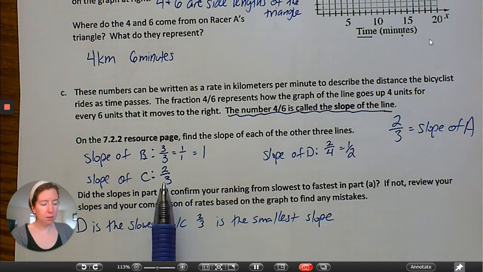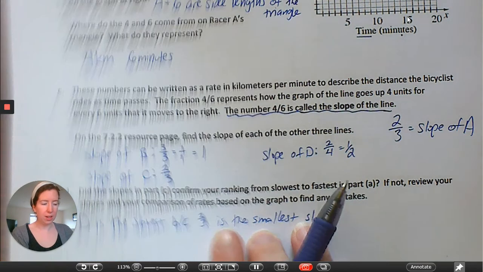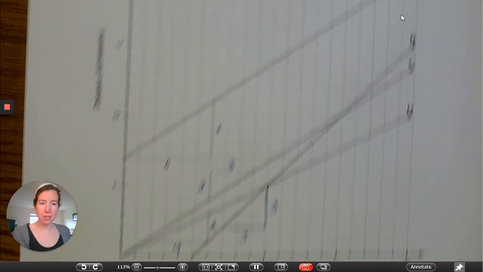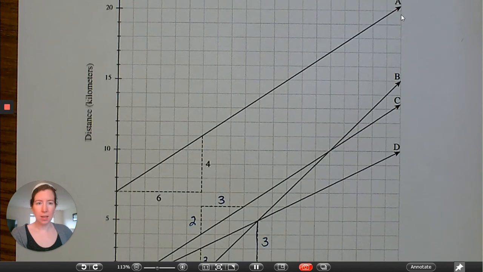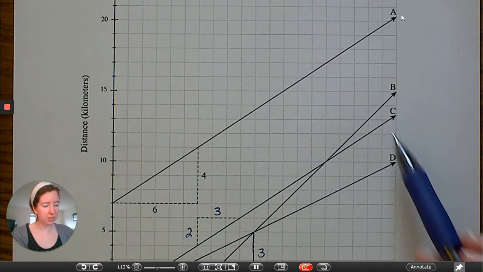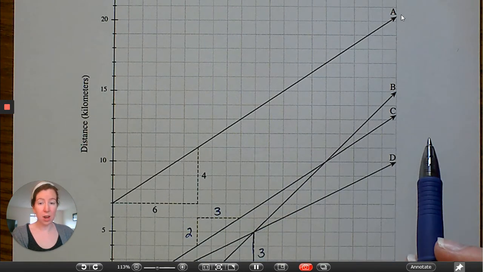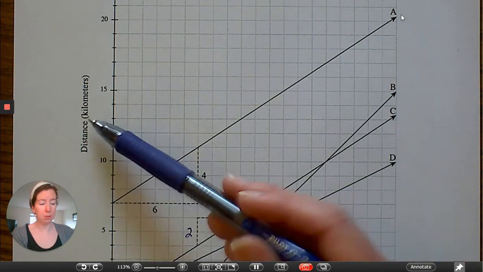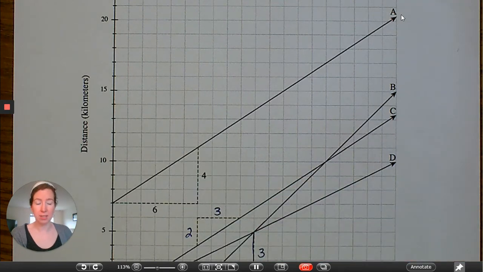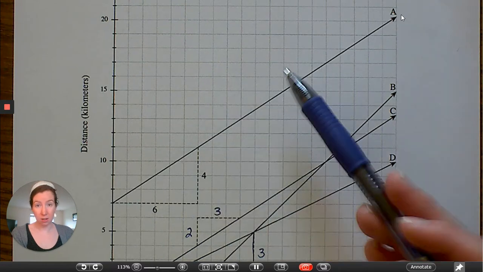Now, A and C have the same slope. They're traveling at the same rate. Now, it looks different because this person A started before person C, but they're going at the same speed. They're going the same number of kilometers for the same number of minutes. It's just that person A got a head start.